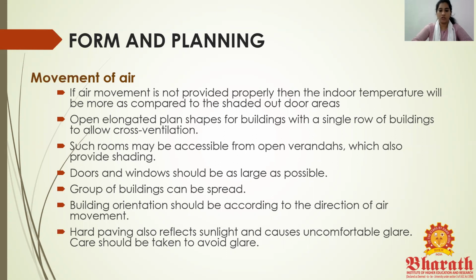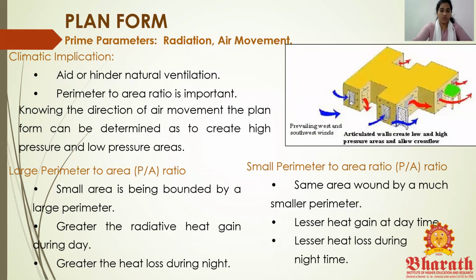Hard paving also reflects the sunlight and causes uncomfortable glare, so care should be taken to avoid this glare. You have to understand the overall planning aspects, what the form should be, how the movement should be, and how the surrounding area is planned, taking into consideration the movement of air. A few other prime parameters are radiation and air movement.